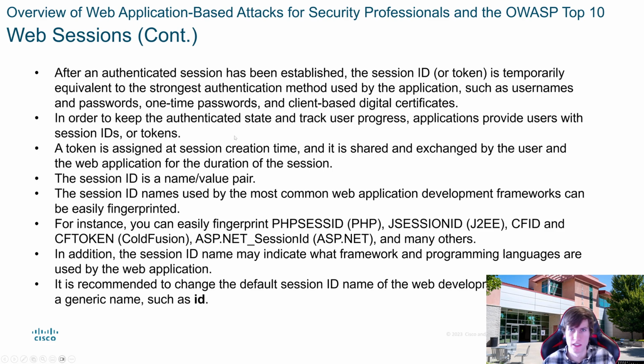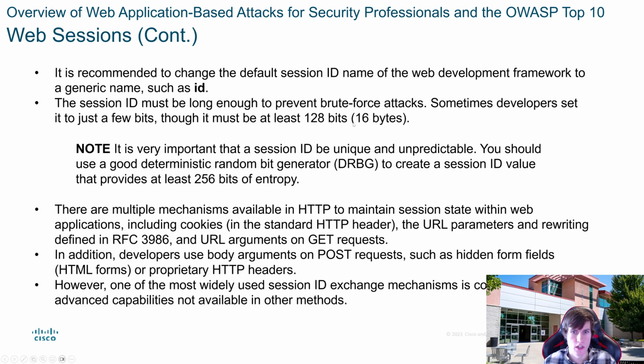So we've talked about that a little bit in the previous sections, but we're going to talk about it more going forward. So pretty much this is just saying that this is the name and value. So it's the name of the session as well as the value of the session, whatever the string of information they want to use, right? So here it says a good set is 128 bits, right?